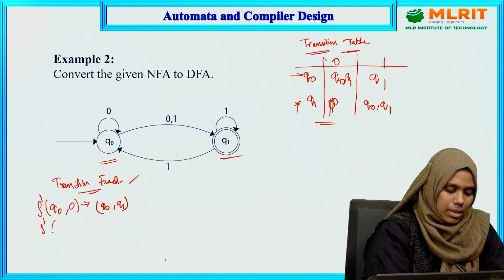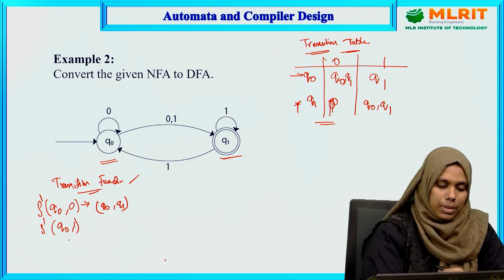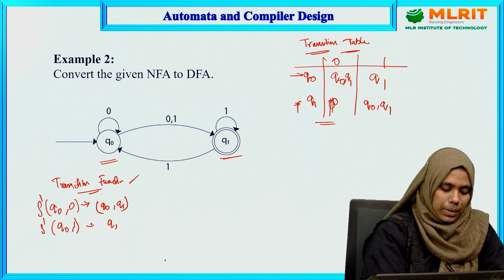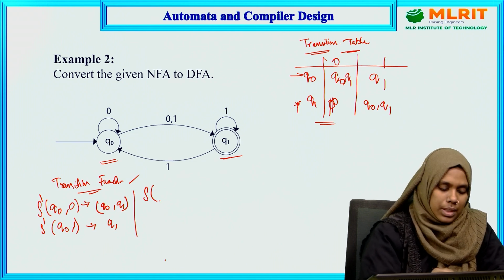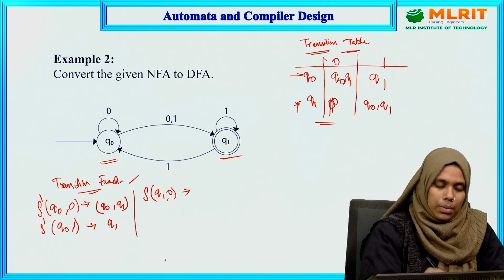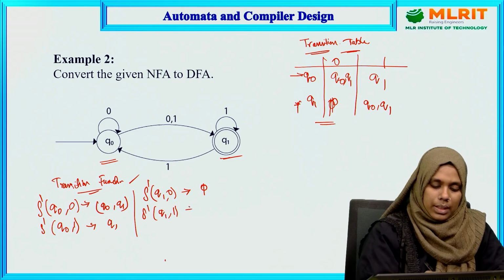Next, transition of q0 comma 1 is q1. Next, q1 of 0 is nothing but phi, we don't have anything for q1 of 0. Next, transition of q1 comma 1 is nothing but q0 comma q1.